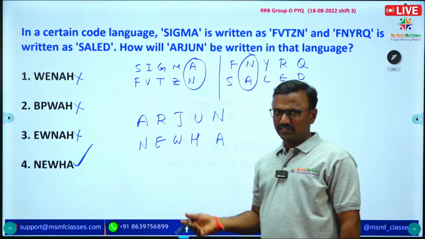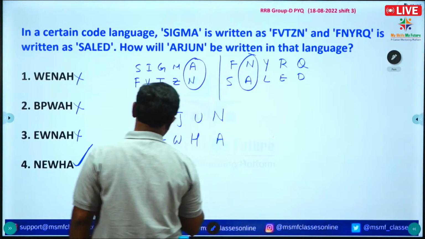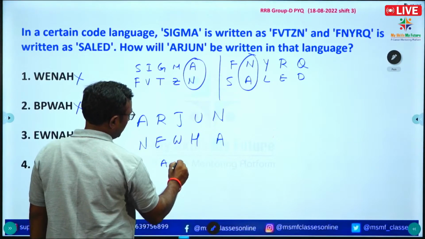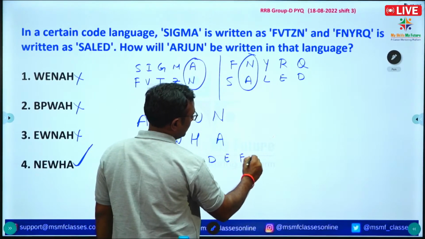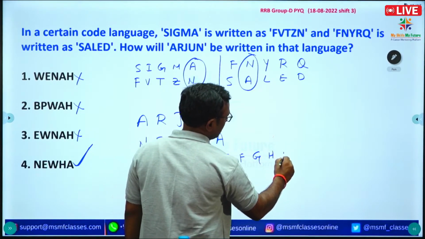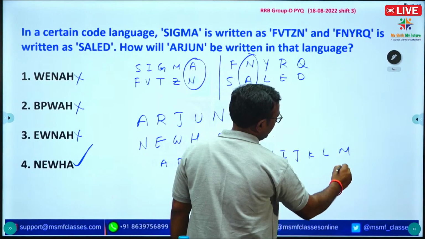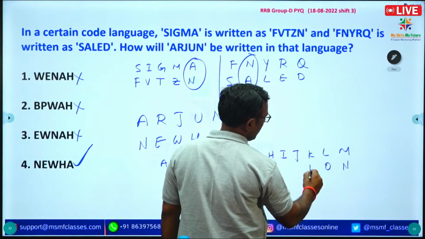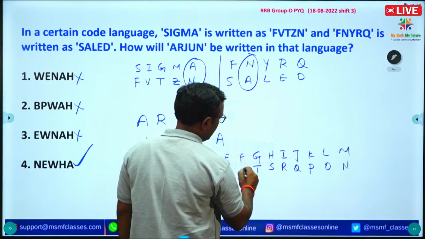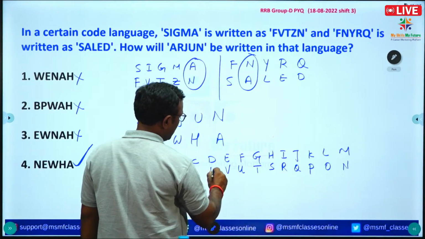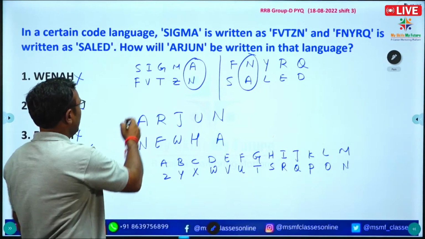So this is the direct step you need to find, or else we can find by using the alphabets: A, B, C, D, E, F, G, H, I, J, K, L, M, N, O, P, Q, R, S, T, U, V, W, X, Y, Z.